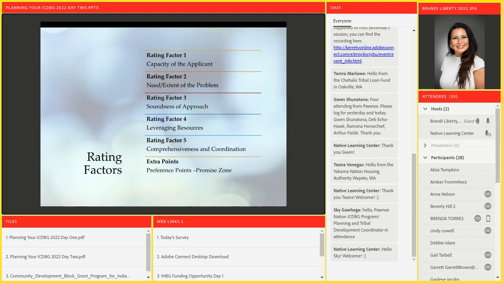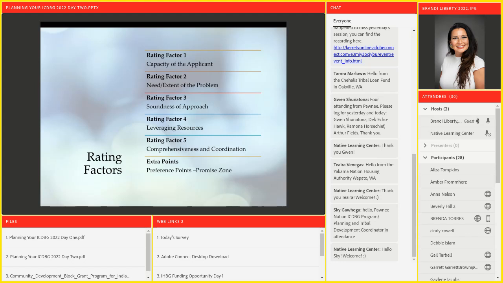Subfactor 1.4, procurement and contract management, will look at your applicable requirements as they relate to 2 CFR Part 200 to the extent that it is incorporated into and made applicable by 24 CFR Part 1003, which are the ICDBG requirements. There were some recent amendments, so keep that in mind as you're developing your procurement section.